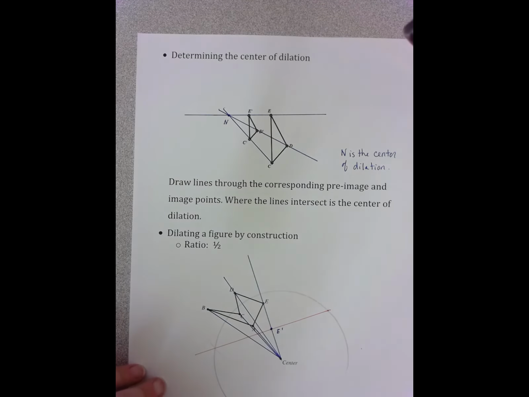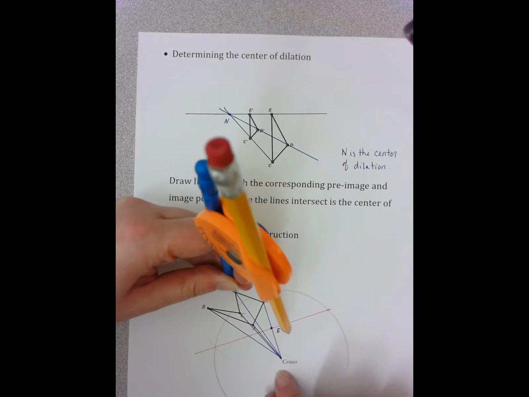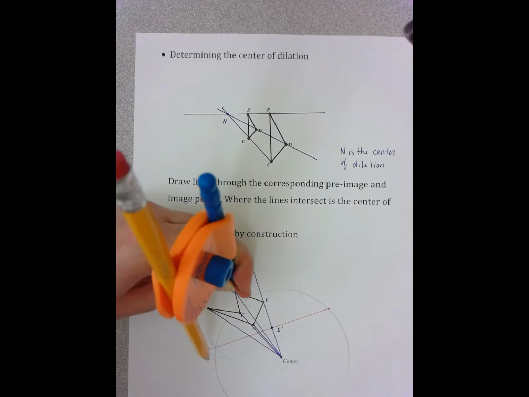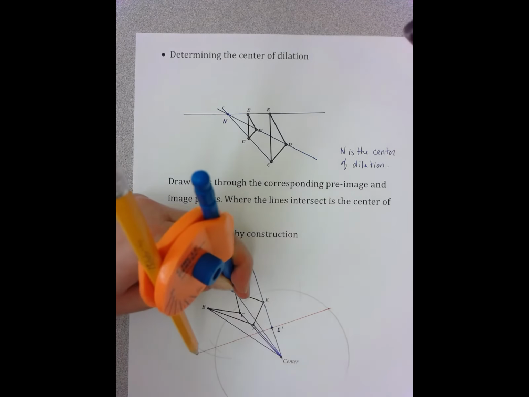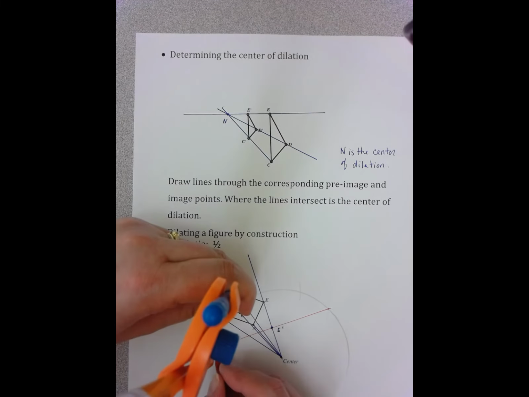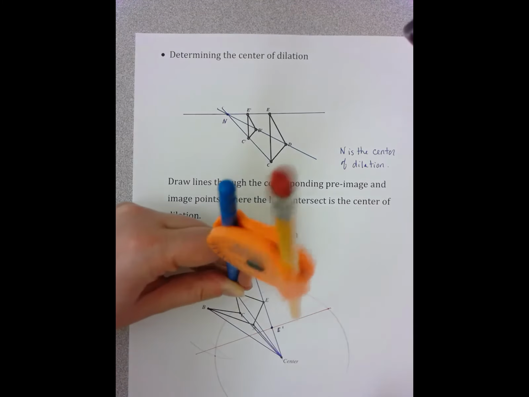I'm now going to do that same process for D. Remember, I've made the big arc already for the center, so I only need to continue to go from the pre-image points. And in order to make sure I don't lose what I'm connecting, I need to actually place a little dot where the two arcs intersect on the top and the bottom.